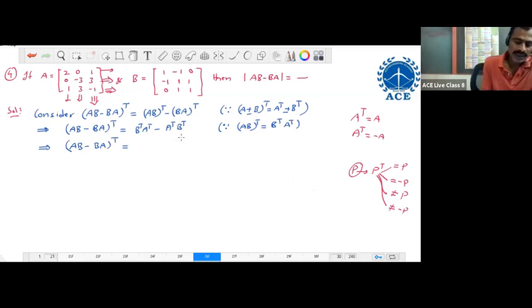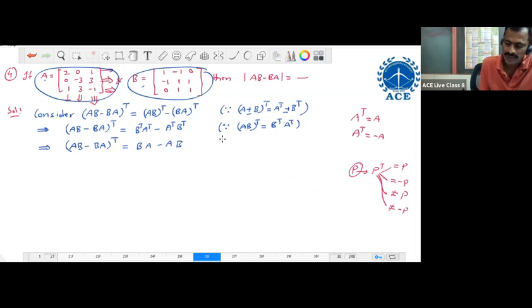from the given data, A is a symmetric matrix and B is a symmetric matrix. Both A and B are given as symmetric matrices. Because of symmetry, A transpose equals A, and for matrix B also, B transpose equals B. So in place of B transpose we write B, and in place of A transpose we write A. Now observe this: this matrix is not the same as this matrix.